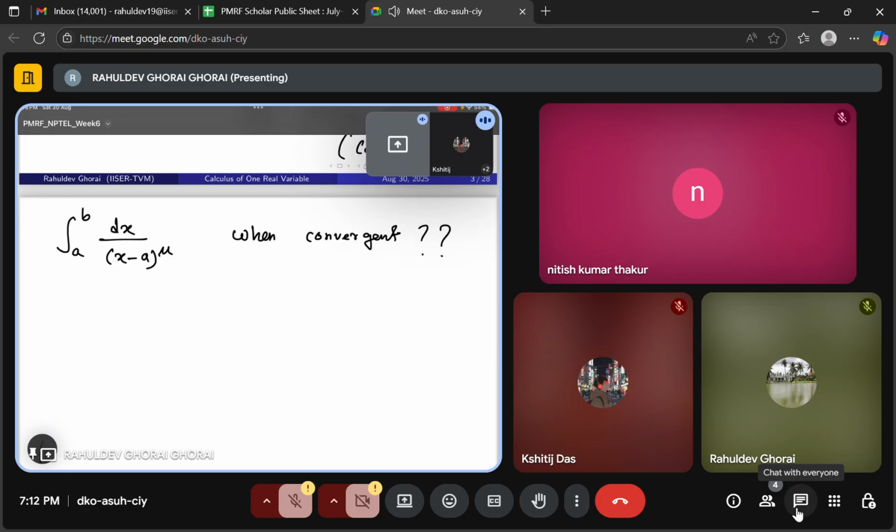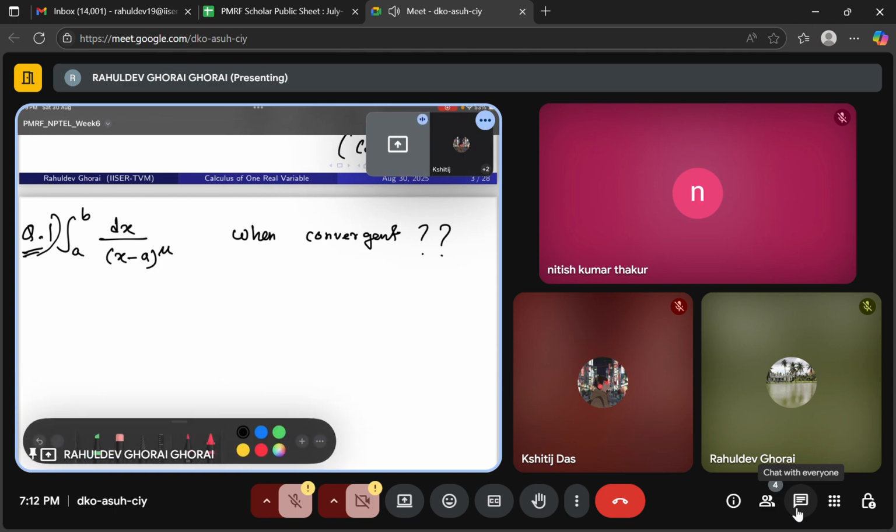Can you give me one value of mu for which it will be convergent? First of all, for this question, we have to find for what values of mu you have convergence. But can you give me one mu for which it converges?